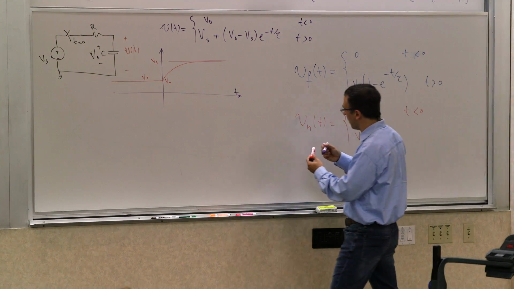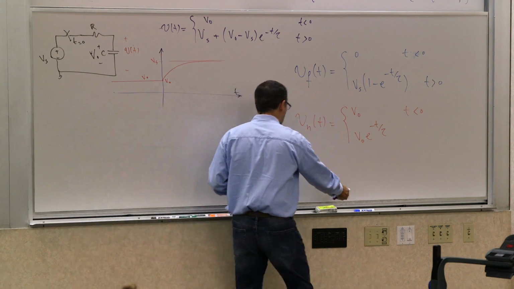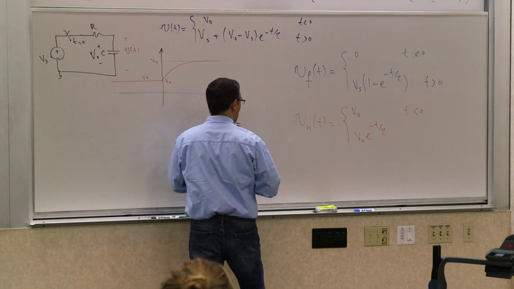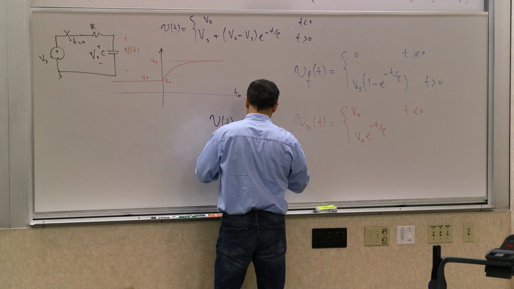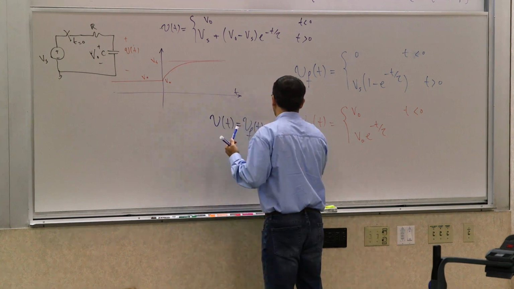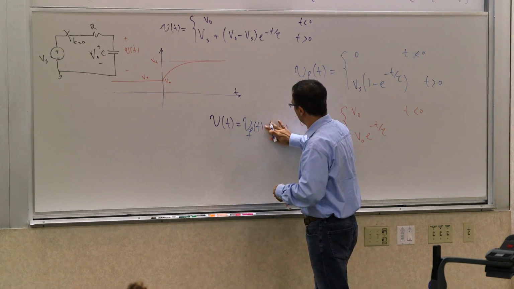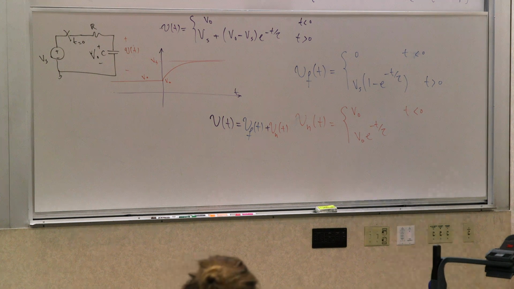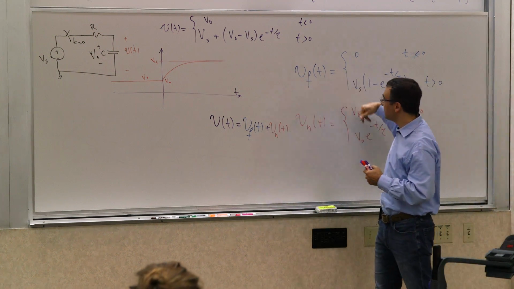And I can write the overall response. So the purple response is the sum of the blue response and the red response. You agree, first of all, mathematically this is correct, right? If I have these two things and I add them, I get this.